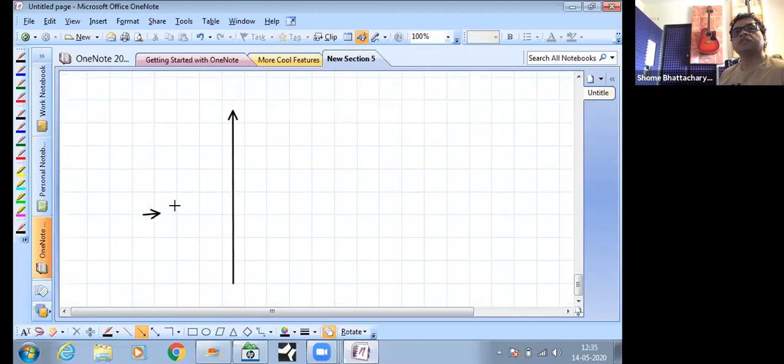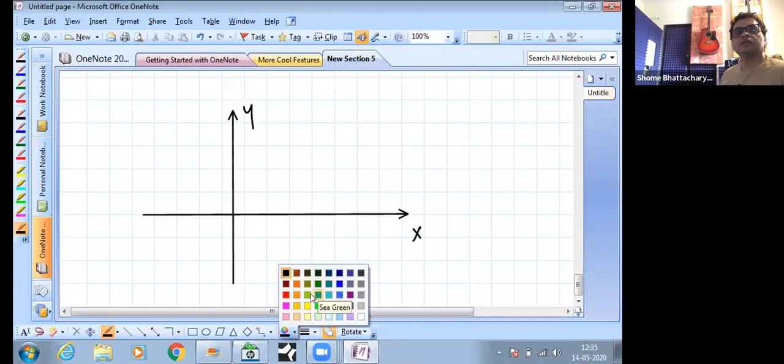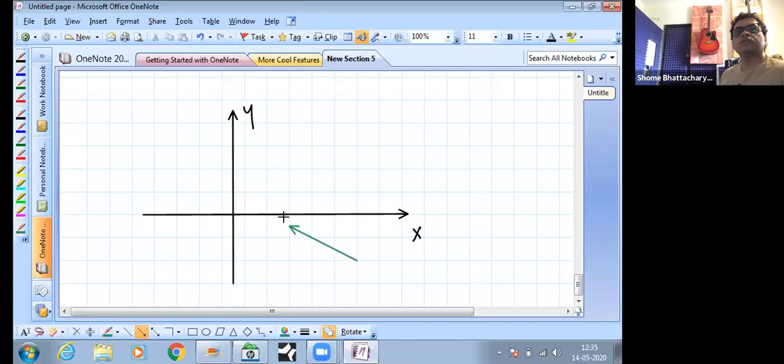So for C, I've shown you a vector like this, where its magnitude was 10 and this angle was 37.